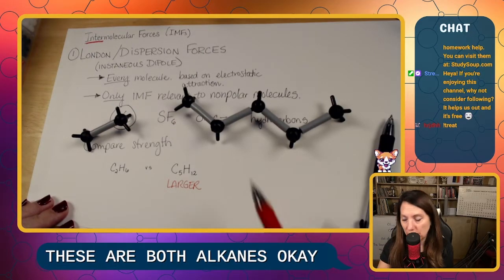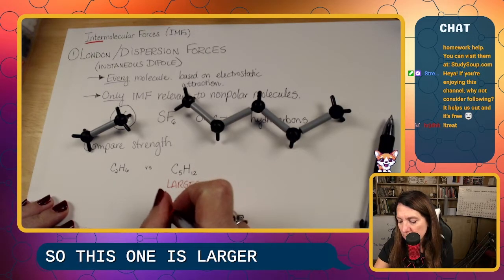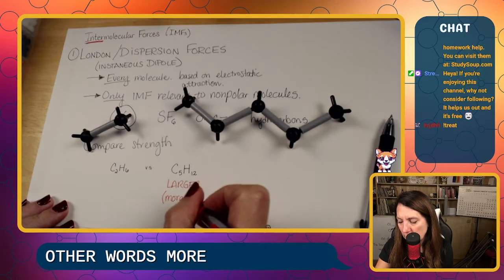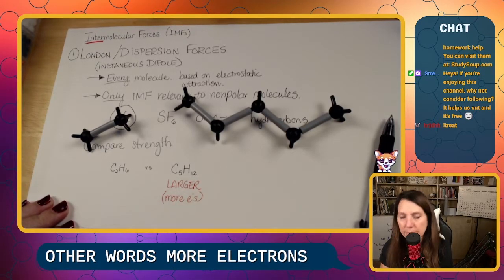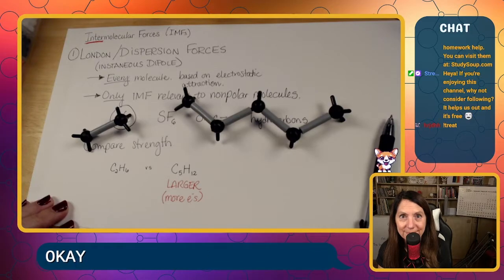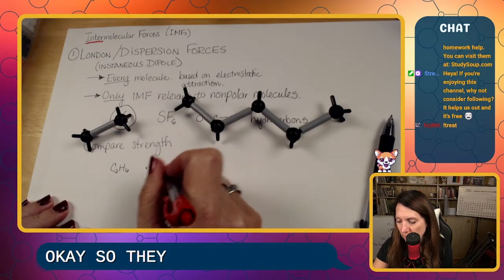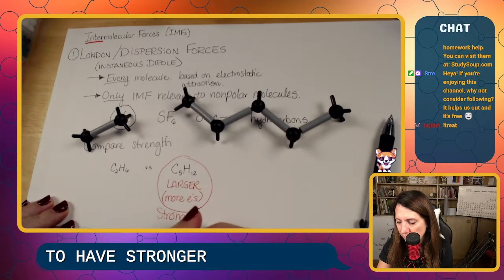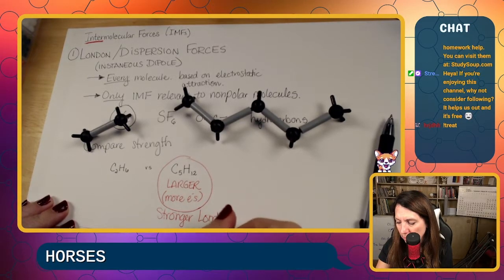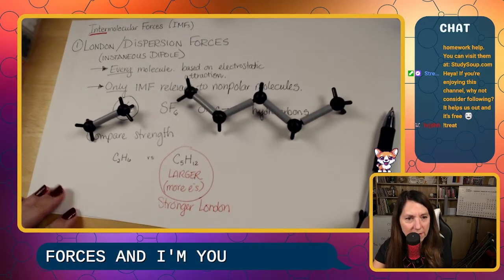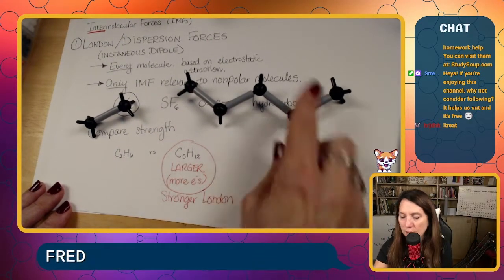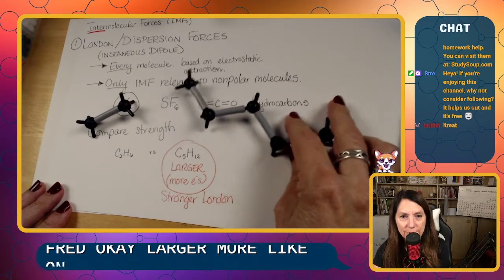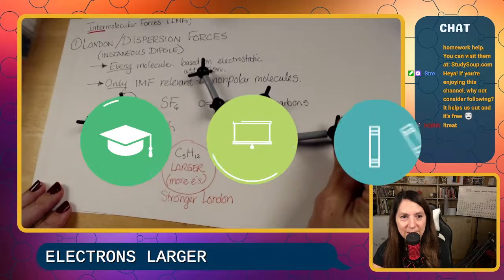Okay, so this one is larger. In other words, more electrons. Okay. So this one is going to have stronger London forces. And I'm using red. I think you can see the red. Okay. Larger, more electrons, larger London forces.